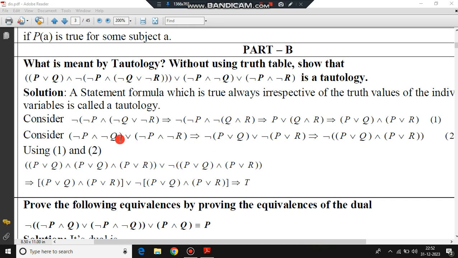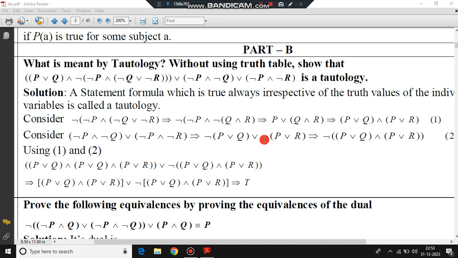So the first step also uses De Morgan's law, and the second step also. Again, we can use De Morgan's law: negation of (P or Q) or negation of (P or R).